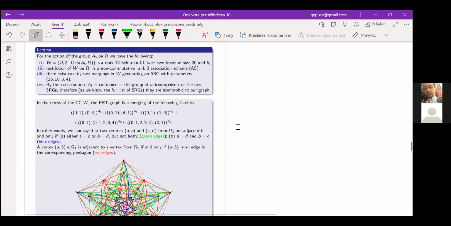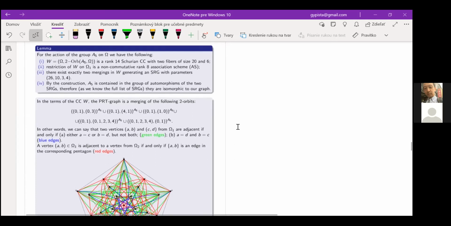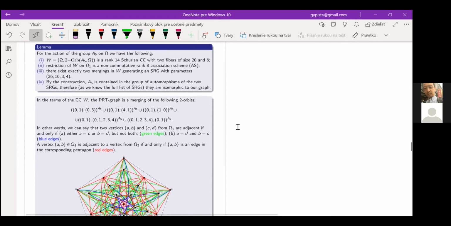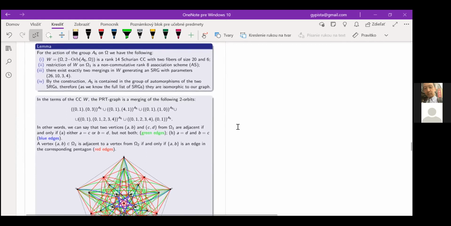And for us, more important thing is that by union of relations, we can obtain 2 disjoint copies of our graph.